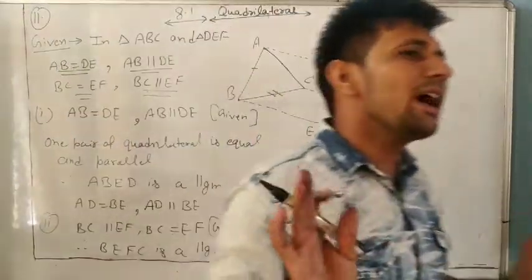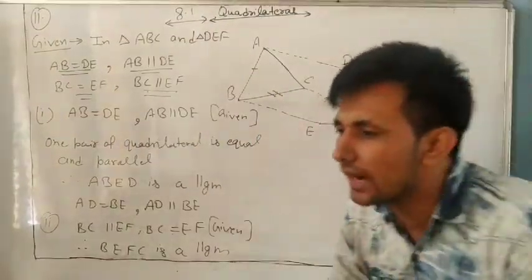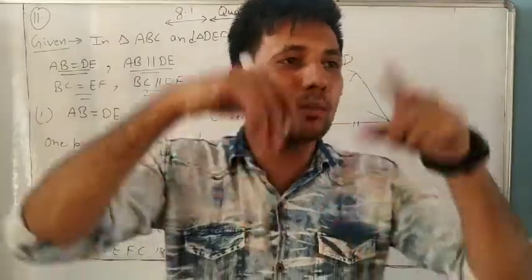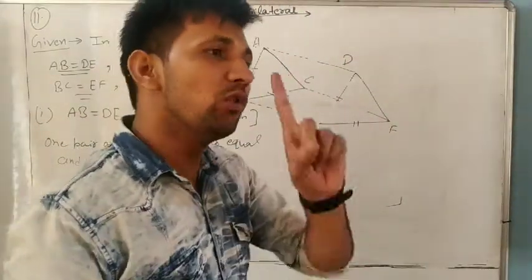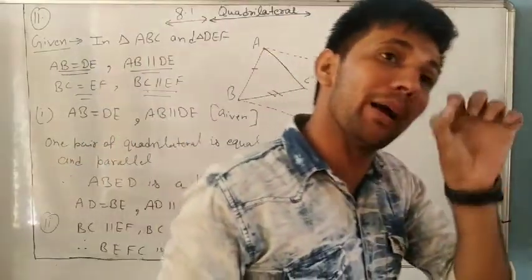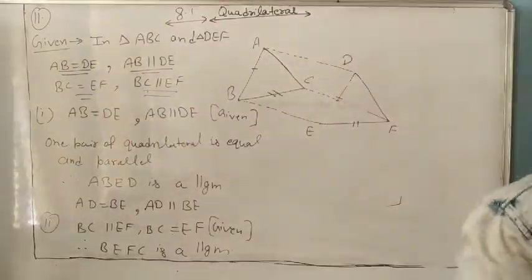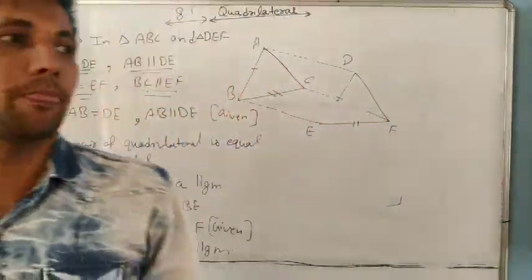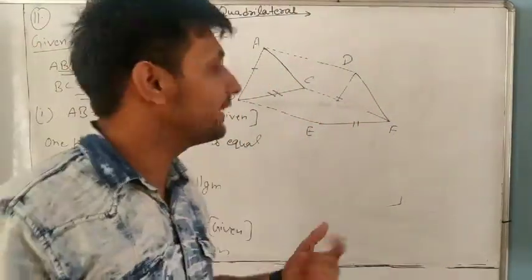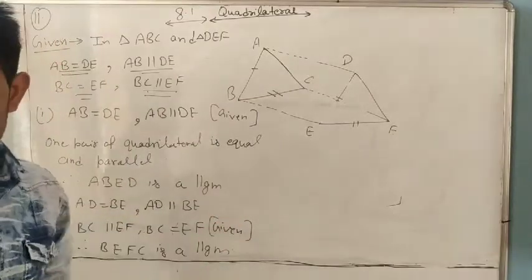Understand? Always remember, if in any quadrilateral both pairs of opposite sides are equal, then it is a parallelogram. If only one pair is equal and parallel, then it is also a parallelogram. If opposite angles are equal, it is a parallelogram. If diagonals bisect each other, it is also. So very easy. Third part.